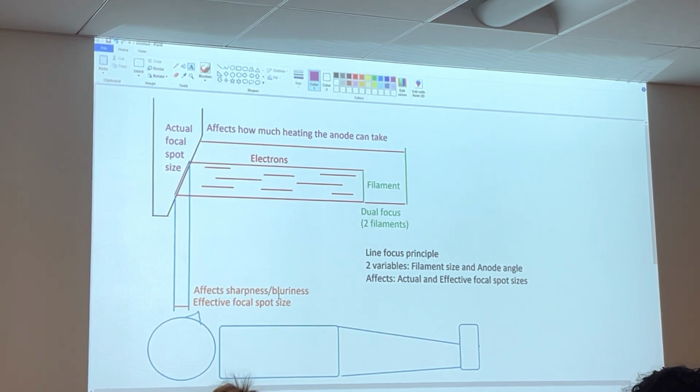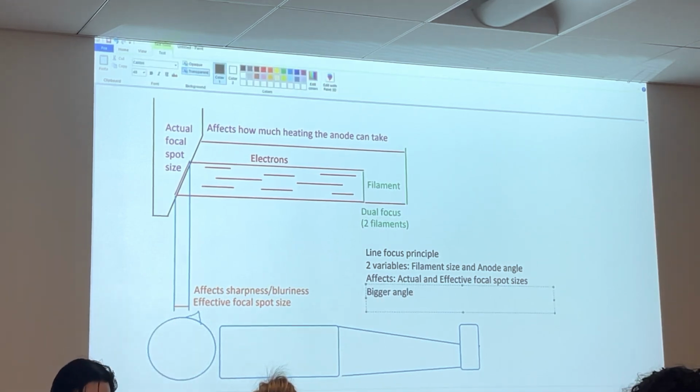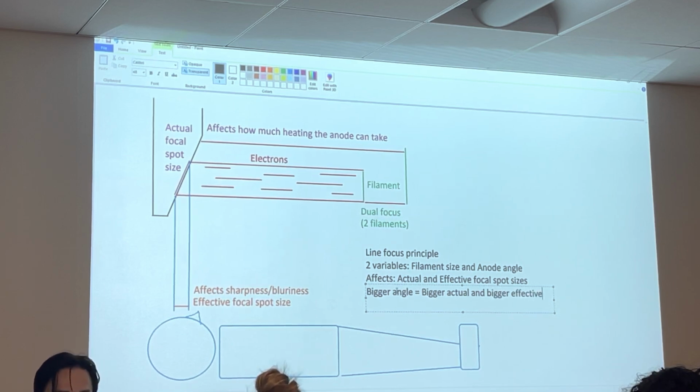And then I can't really remember exactly what you had said, but you did mention last time that the bigger the angle, the more heat resistance, but the lower the image quality. Is that what you had said? The bigger angle equals the larger amount of heat it can take, and the larger the depth of focus possible.